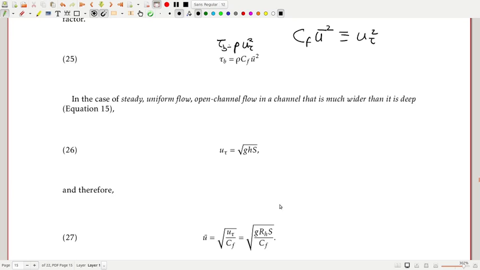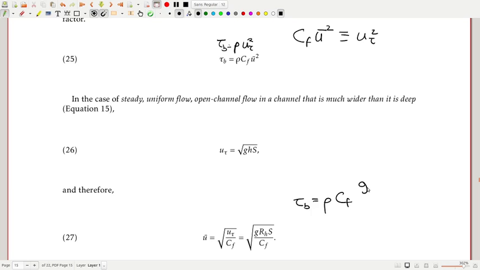And then, of course, we can say that tau sub b is equal to rho times c sub f times u bar squared, and this is just actually a quick check to see if we get everything back. Let's see. So then tau b is equal to rho c f times u bar squared.